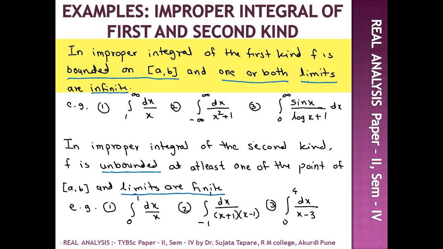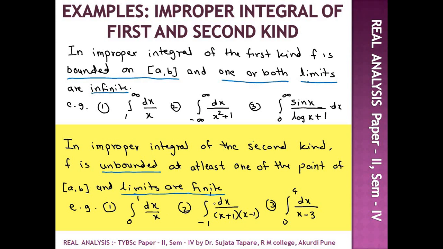Now the improper integral of the second kind, in which f is unbounded at least at one of the points of the closed interval [a, b] and the limits of integration are finite. These are examples where the limits are finite, and the function 1/x is unbounded at the lower limit x = 0.